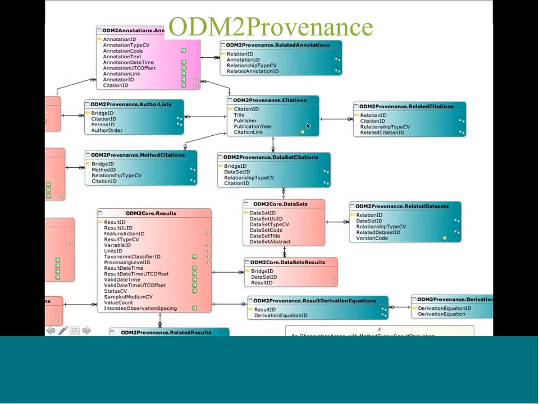So we're essentially taking their minimum requirements and creating, what's not really shown here, a whole bunch of extensibility to extend this as detailed as you want. But then we're also following the recommendations of how citations get connected to methods, data sets, results down here. It's not fully shown.